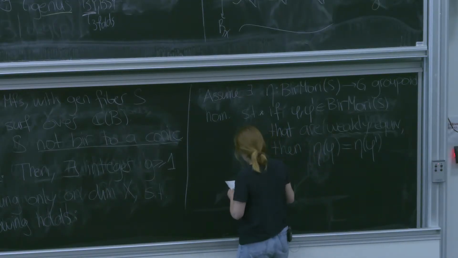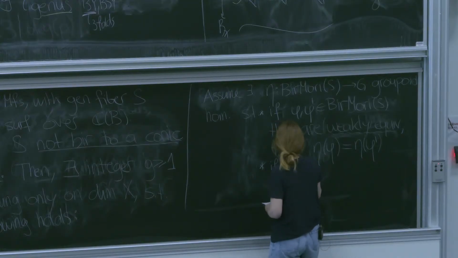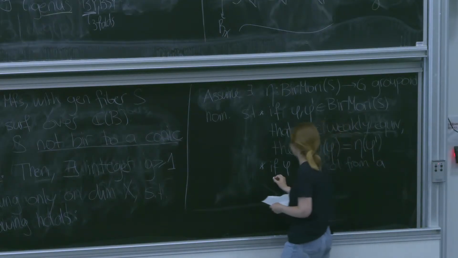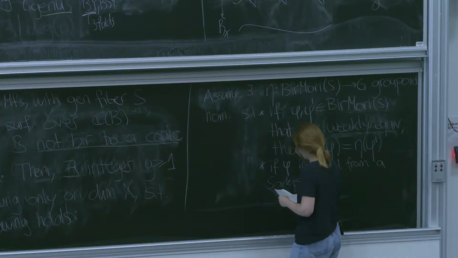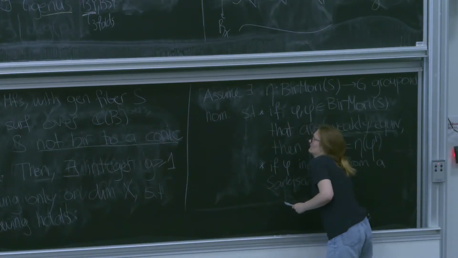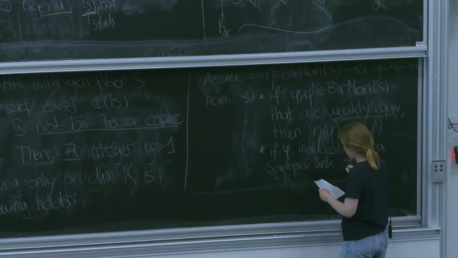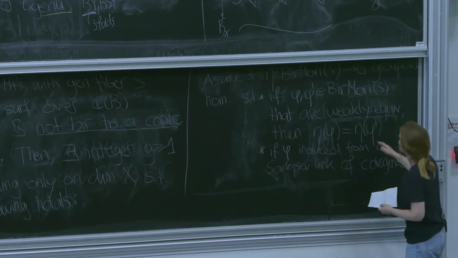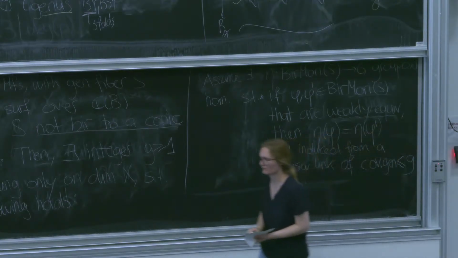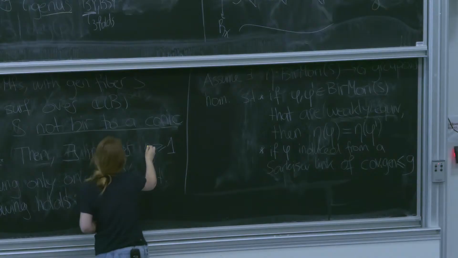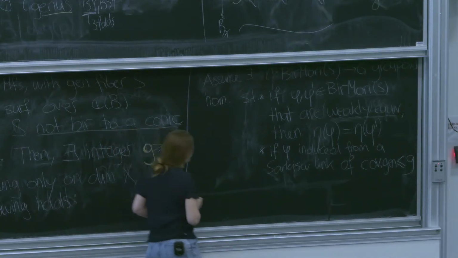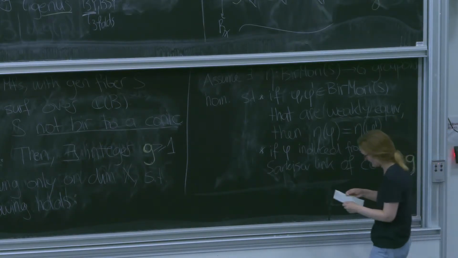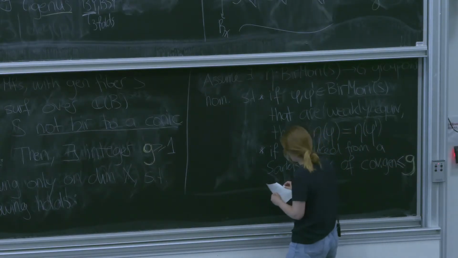And we also want that if phi is induced from a Sarkisov link of covering genus smaller or equal to g, then it is sent onto the trivial, the neutral element.